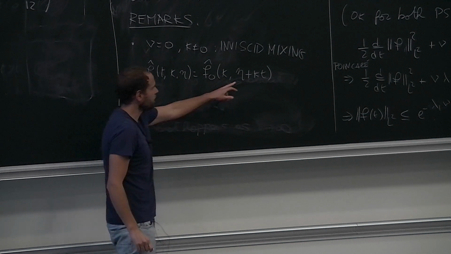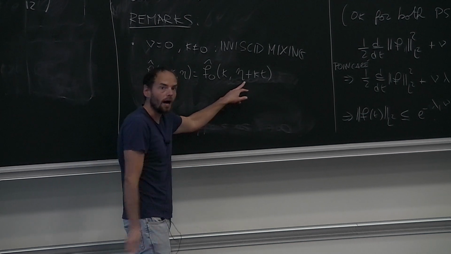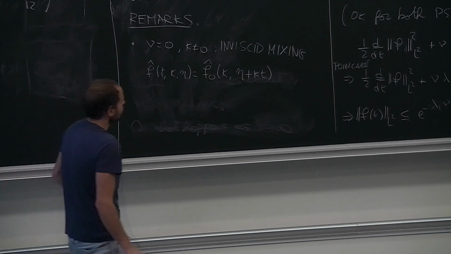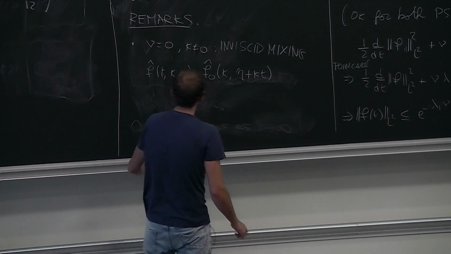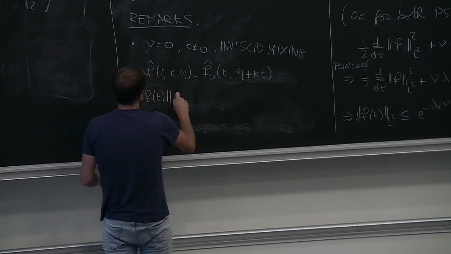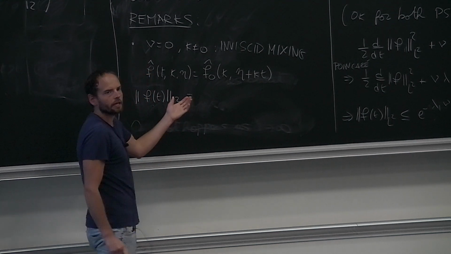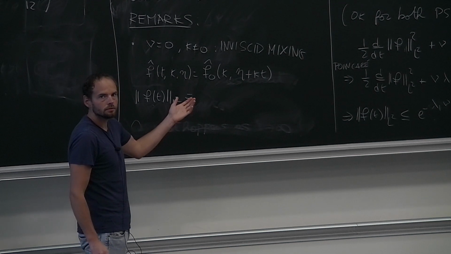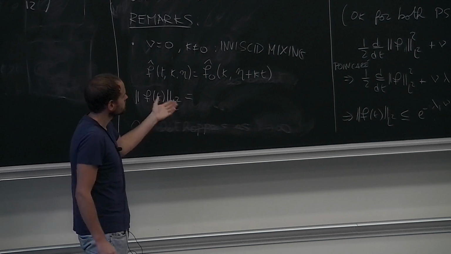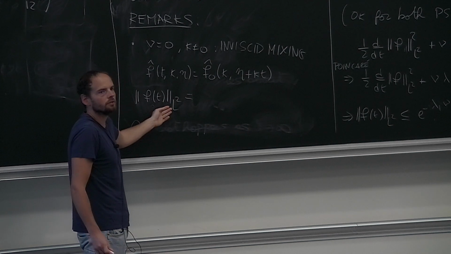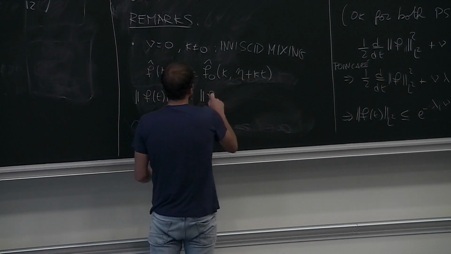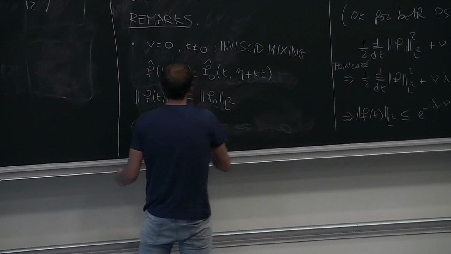Okay, so things go to high frequency in y, right? And so of course, if you measure mixing just in L2, what are you going to get? Transport equation, the L2 norm is going to be conserved, right? So of course, this is not the right way to measure mixing here.